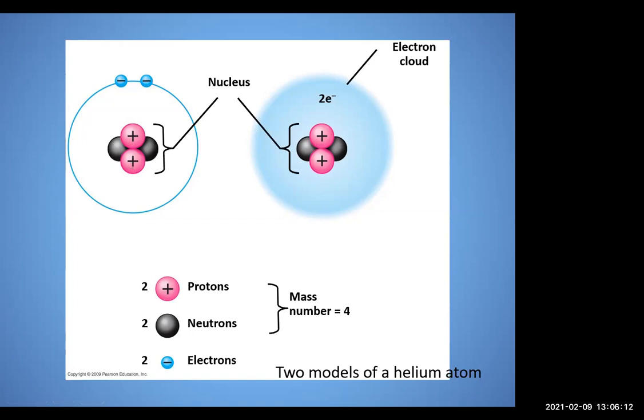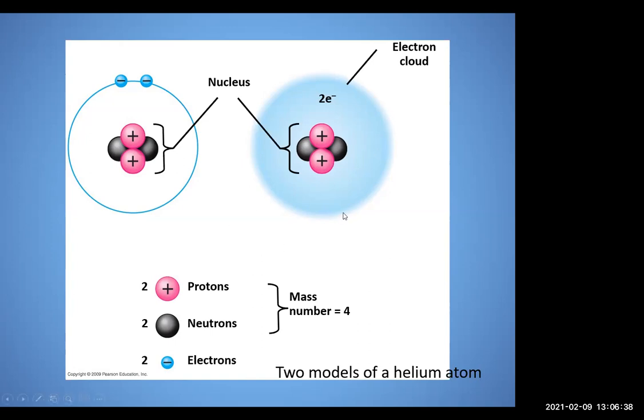Electrons have a negative charge, and neutrons have no charge. So the electrons actually circle around the nucleus, and that is why you see the fuzzy blue ball in the second illustration here. That's the cloud model, because the electrons are not in one single spot where you can identify where they're at. They form a cloud around it.